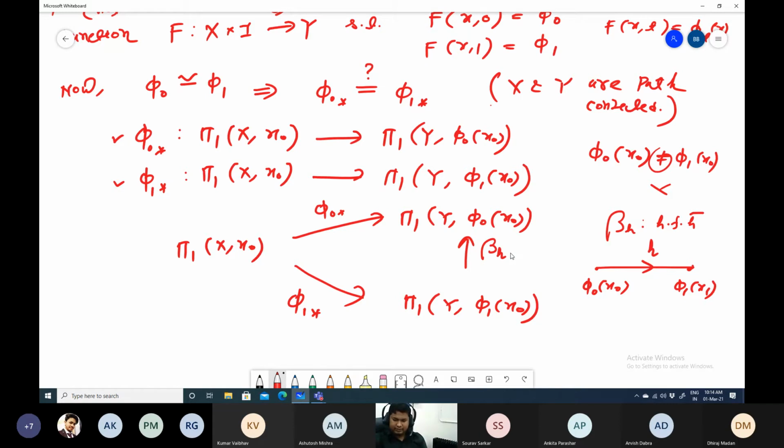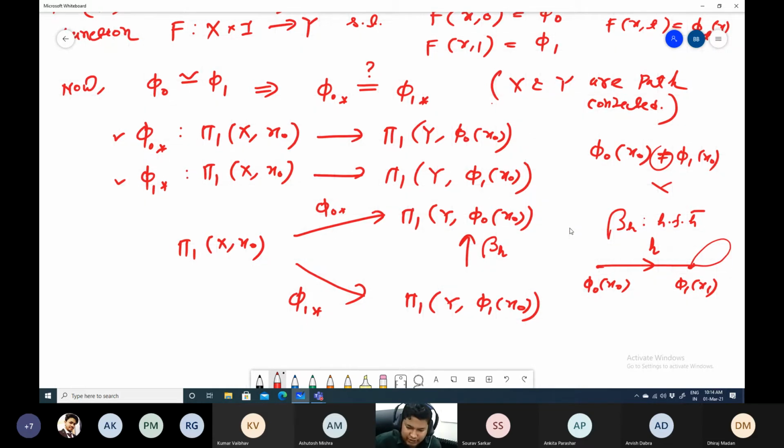Am I right? Because first we take any element with this base point, then it goes along H, from this to this, and then we have a loop, and then this. Fine. Now this is a loop. Therefore, you have to prove that.